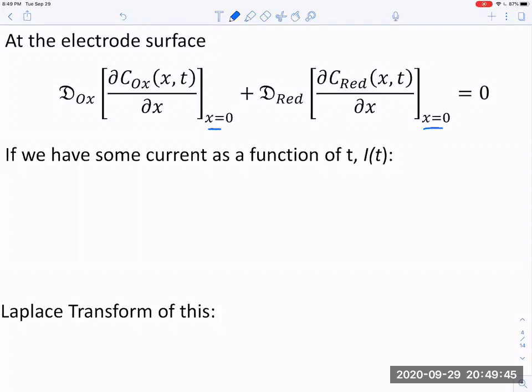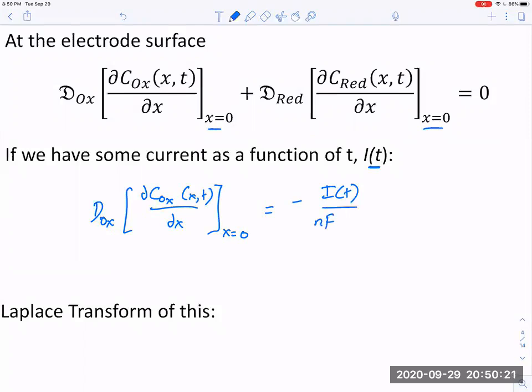If we have some current as a function of time, some I of t, then that current, as we've defined it, would be the diffusion coefficient of the oxidized species times the derivative of C ox at x equals 0 with respect to x. Basically the flux of the oxidized species to the surface, or negative the flux, is equal to the current as a function of time divided by nFA, coming from Faraday's law.